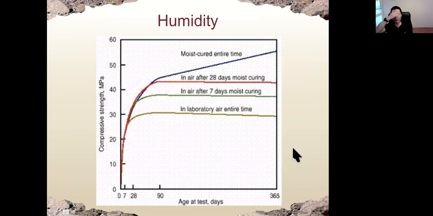So here, how the humidity affects the strength. Again, this is an old slide. When we increase the time for the concrete to be moisture cured, the strength will keep going up. As soon as we air dry the concrete, the strength development will stop quickly, as we can see from these curves.